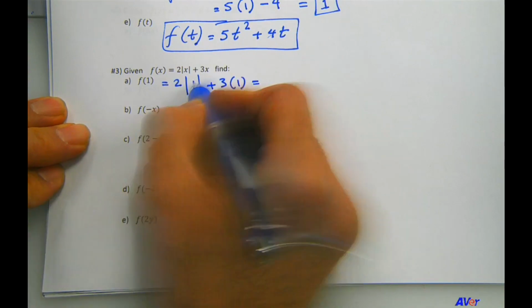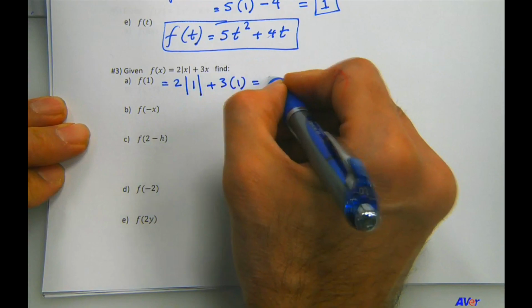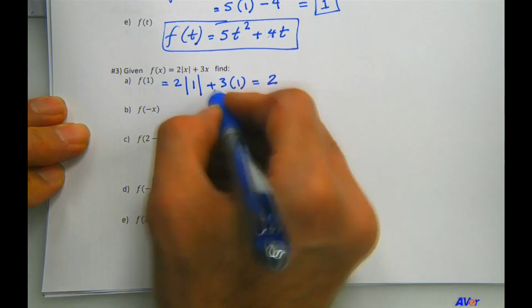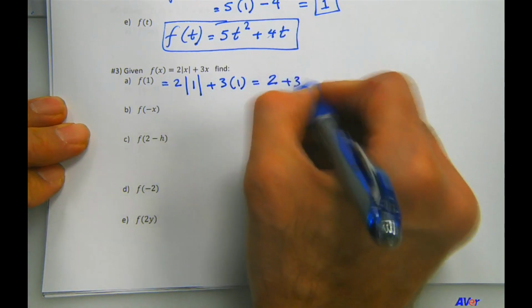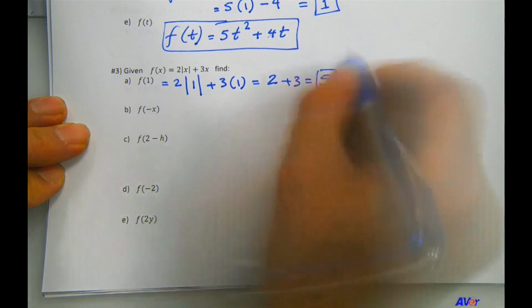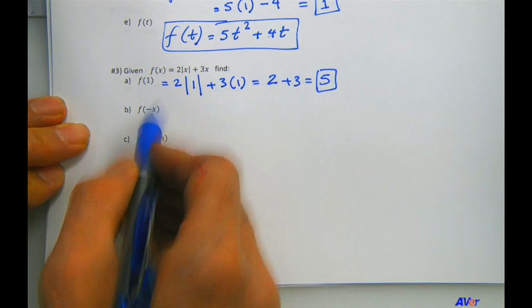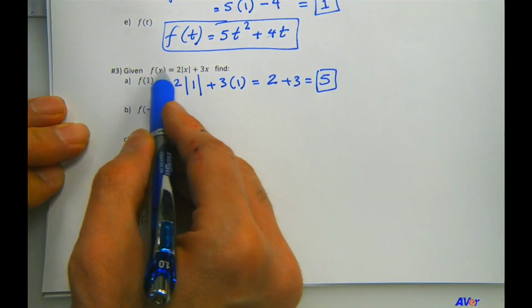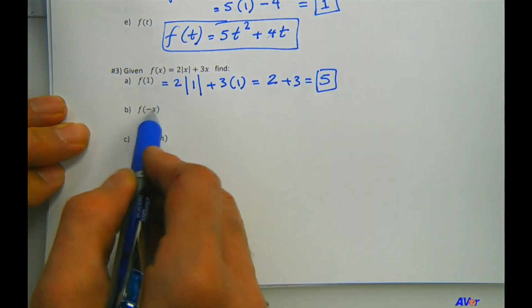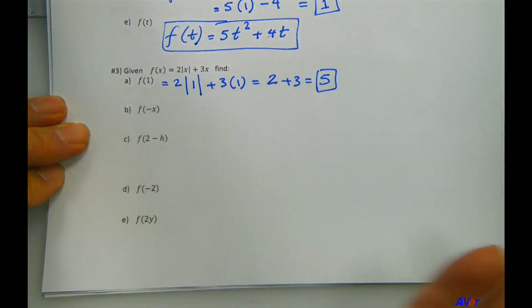Absolute value of 1 is just 1 times 2, it's just 2. Plus 3 is equal to 5. So we evaluate the function at a number, we get a number. Not here though. We're evaluating a function at a new variable form. So we're going to get a new function.